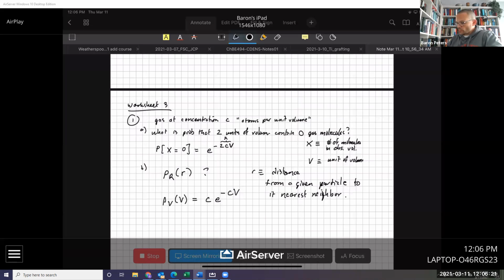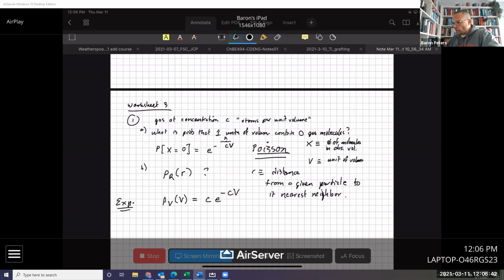So we had Poisson, and here we have exponential. So these are corresponding things. We talk about the probability that there will be none in a volume V. So now you've already answered part A, so I'm going to erase this 2 units.